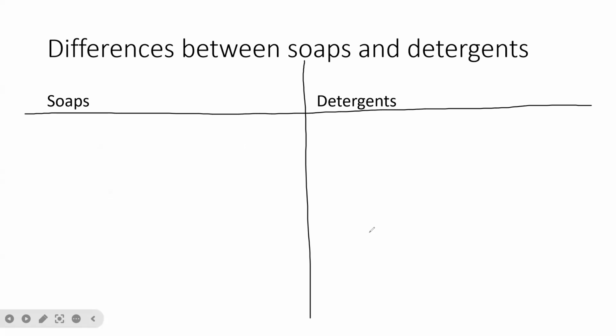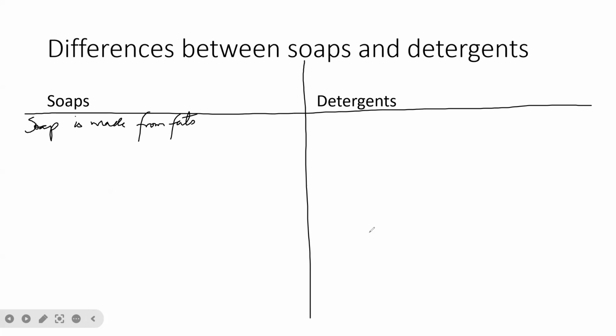Soap is derived from oils, vegetable oil, animal fat, while detergent is derived from petrochemicals. So soap is made from oils or from fats, okay?